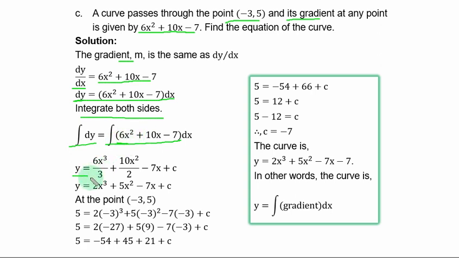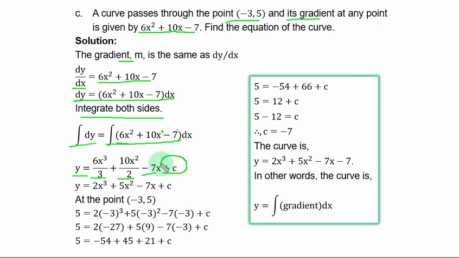So this becomes 6s cubed over 3. The power here is 1. If you add 1, it becomes 2. So you have plus 10s squared over 2. This is a constant. If you integrate a constant, it simply attracts the variable you are working with. That is minus 7s plus c, the constant of integration.